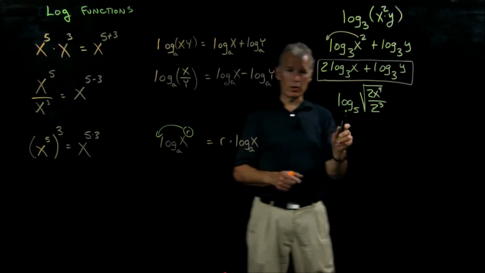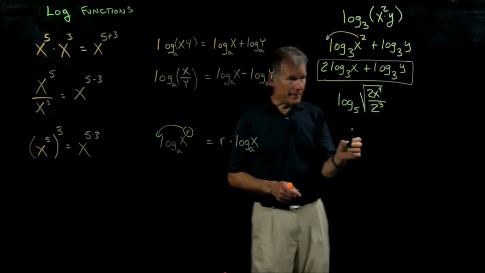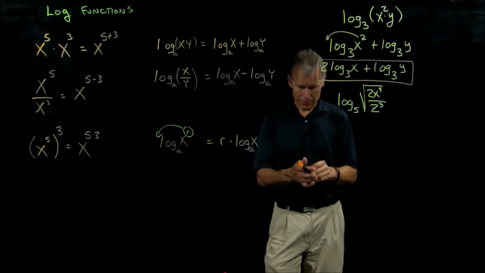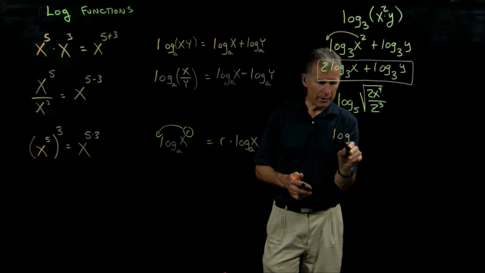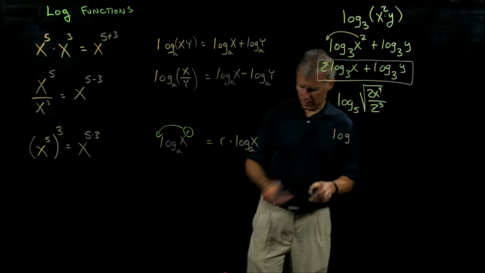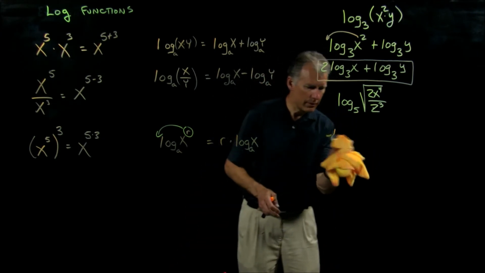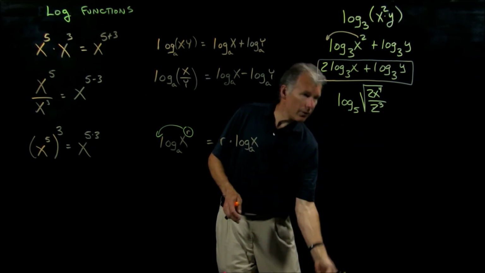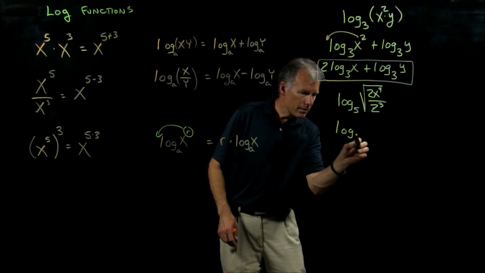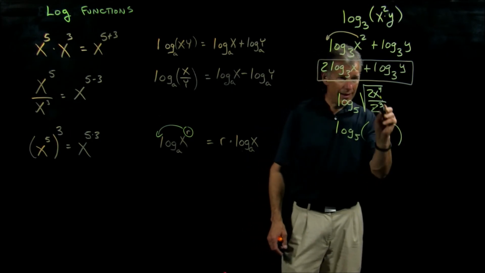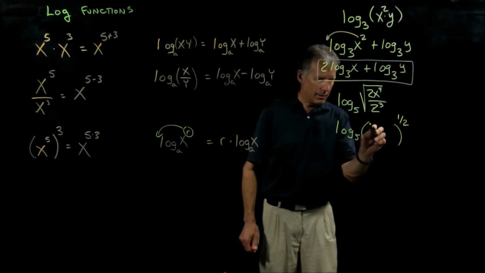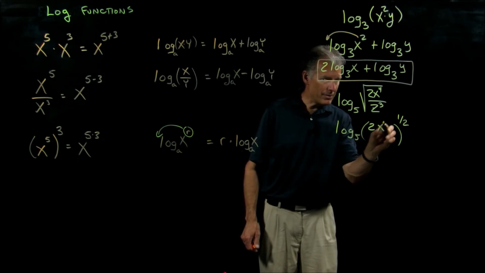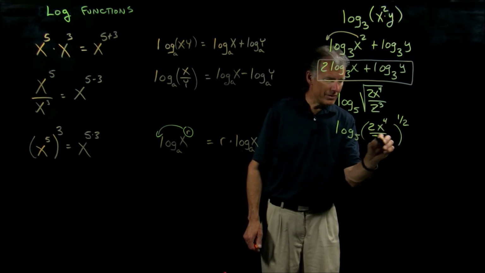So let's do one more example. And this one's kind of a messy one, actually. Do you remember what square root is? What is the equivalent exponent? So I can rewrite this as log base 5 of, and the square root is the same as saying I have a 1/2 exponent. And inside I have 2 times x to the 4th over z raised to the power of 3.